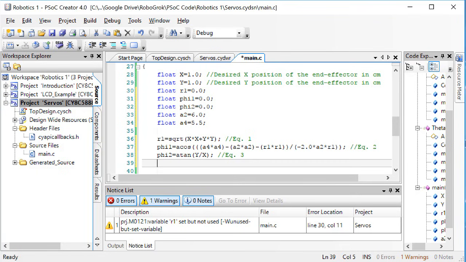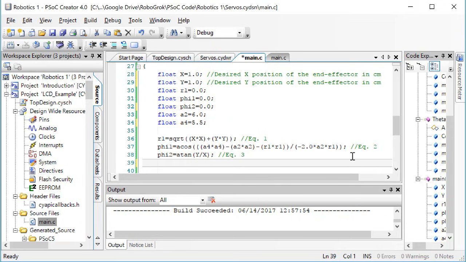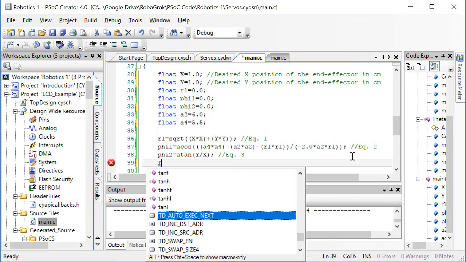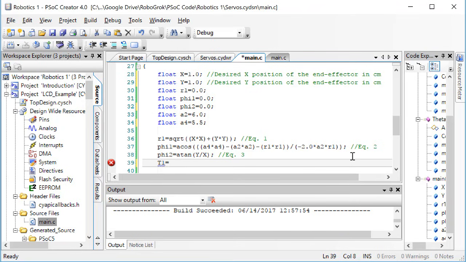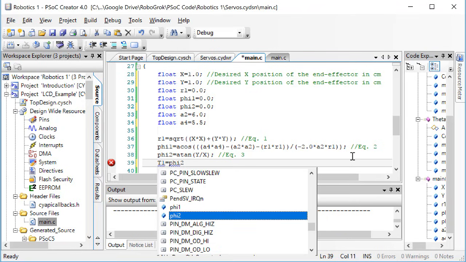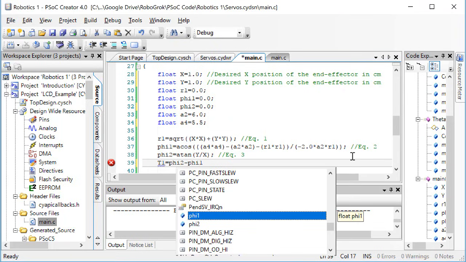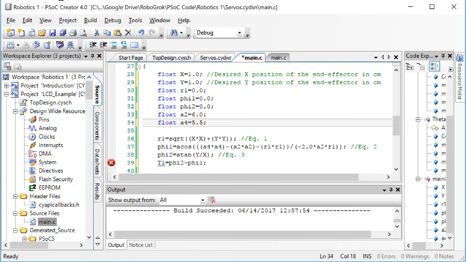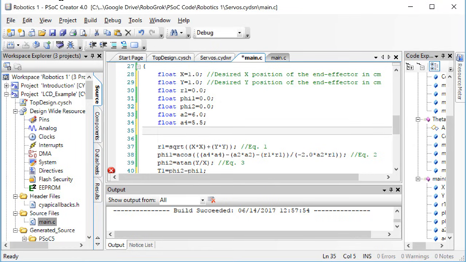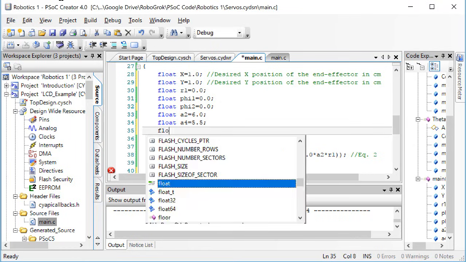All right, on to equation 4. Equation 4 calculates T1 by taking phi2 minus phi1. And we have to go back up here and declare T1.